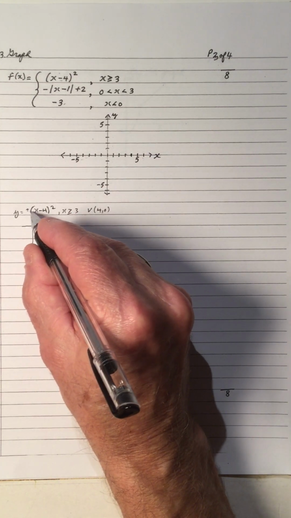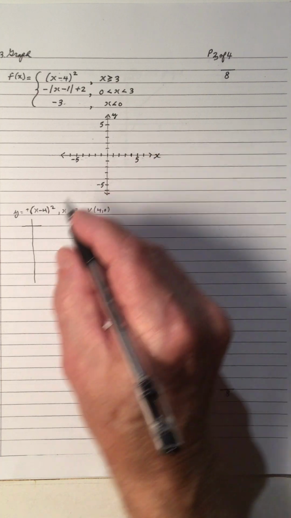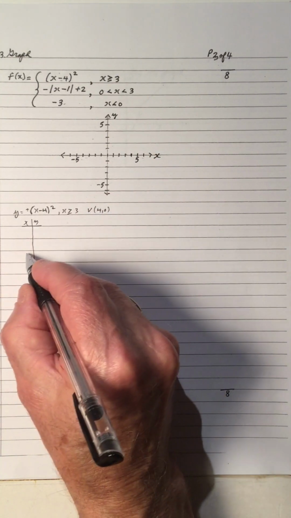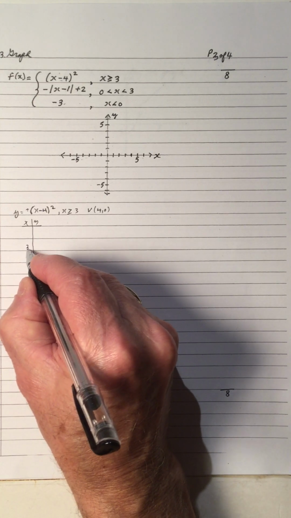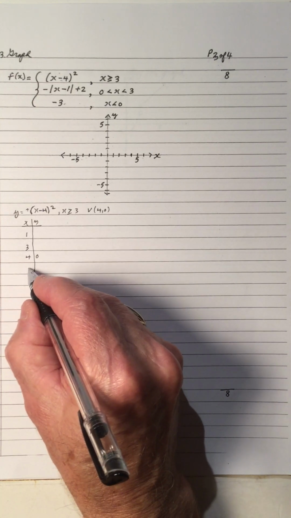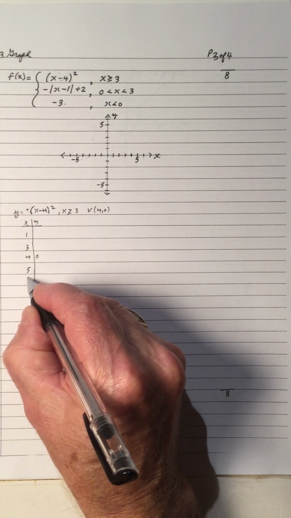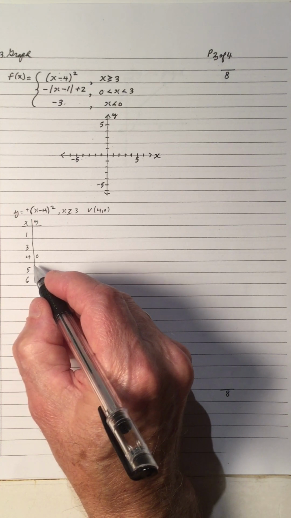Because this is positive, the parabola is moving upward. So if I do a table of values and put 4 in the middle, then I can do a 3 and a 2, or I can do a 5 and a 6 on that table of values.